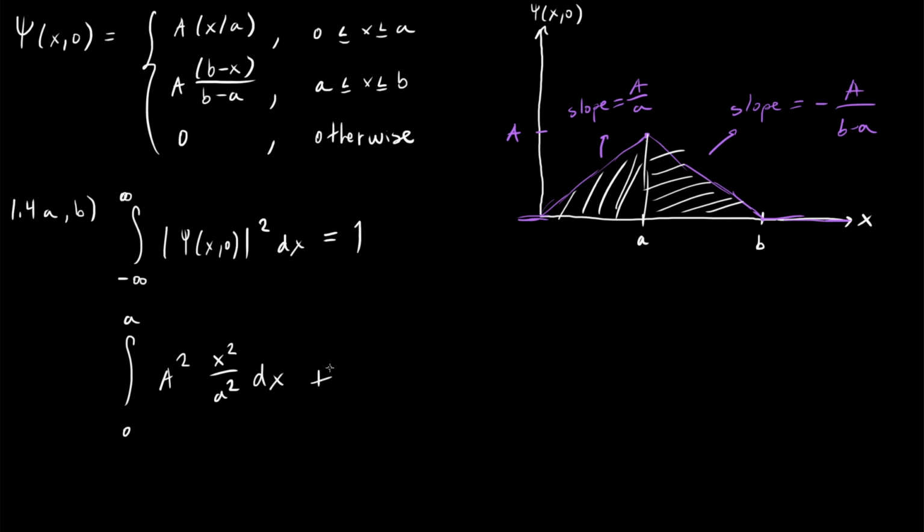And then this other half will be from a to b, of A squared times b minus x squared over b minus a squared dx.